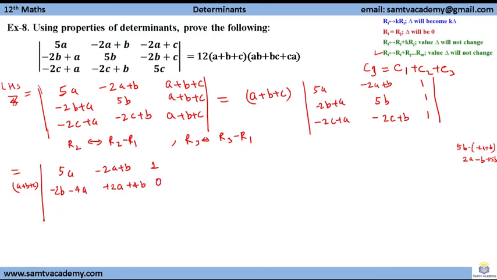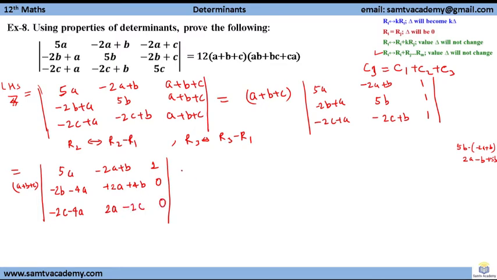Similarly in the last, r3 minus r1, you will get 2c and minus 5a, so it will be minus 4a. Similarly here minus 2a, and the 2b will get cancelled out, so you will be left with 2a minus 2c, and this is 0.